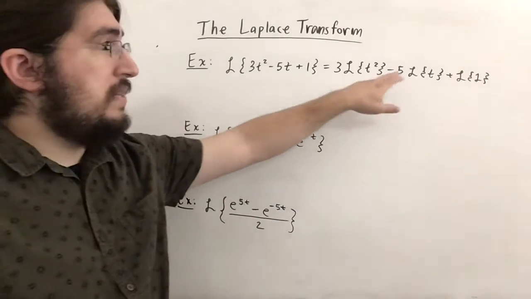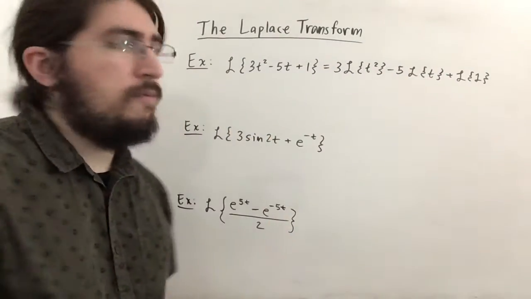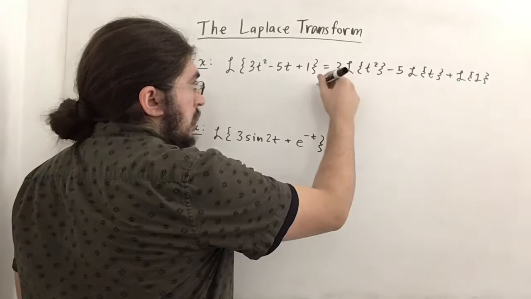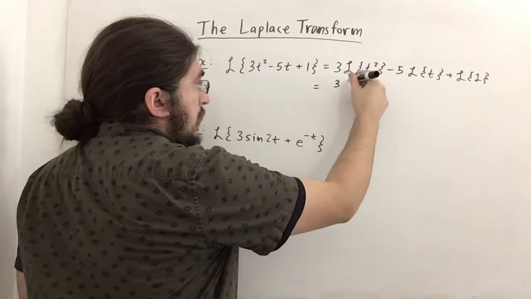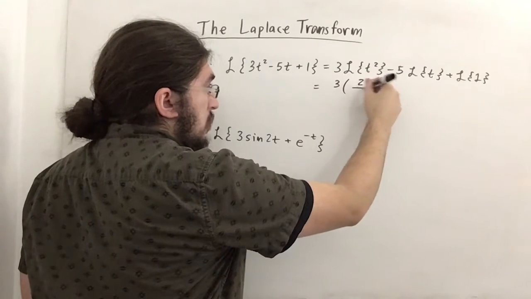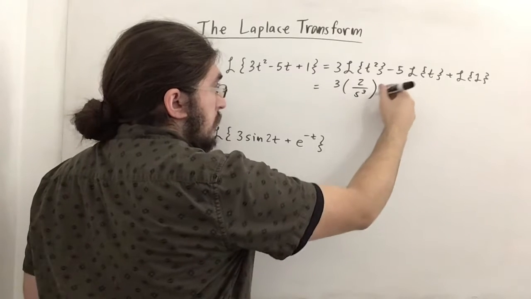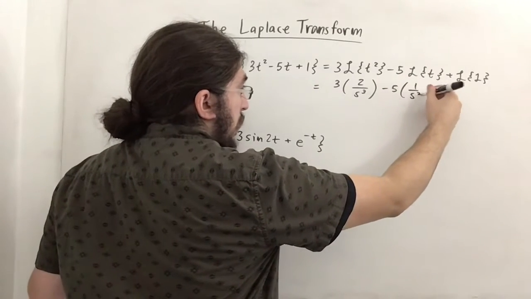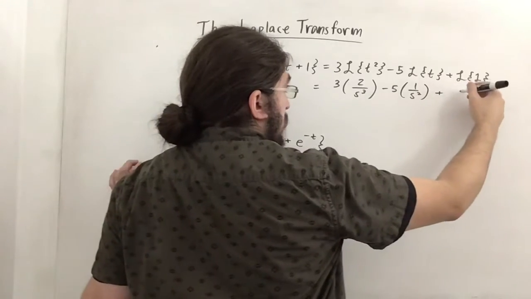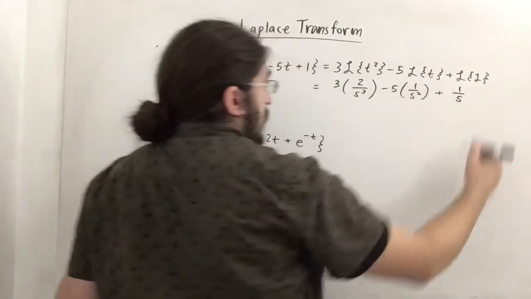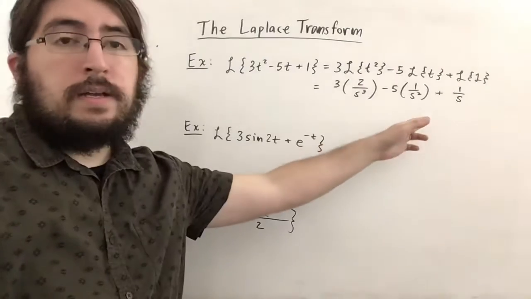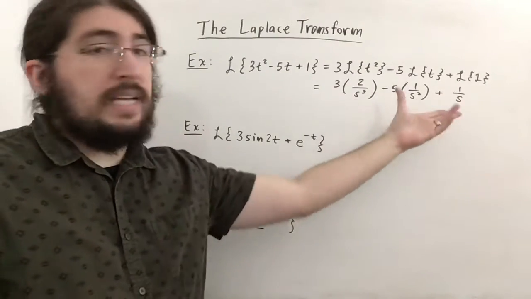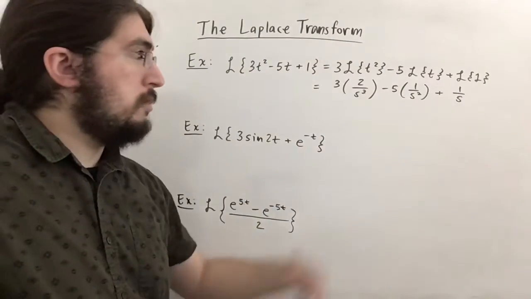And we know Laplace of t squared, we know Laplace of t, and we know Laplace of 1. So this is going to be 3 times 2 factorial, which is 2, over s cubed, minus 5 times 1 over s squared, plus 1 over s. Remember, the power of t increased by one becomes the power of s in the denominator for the Laplace transform.